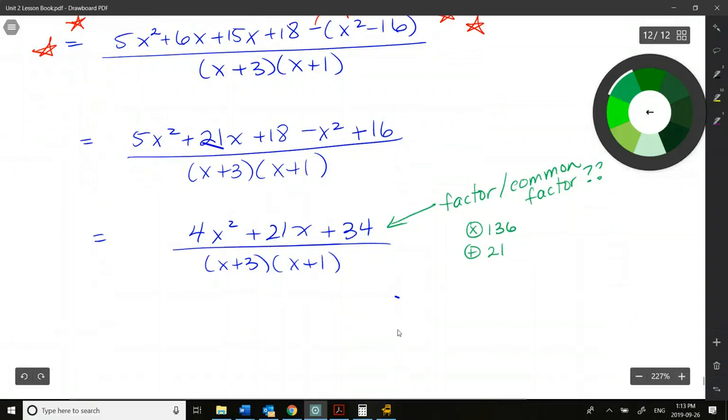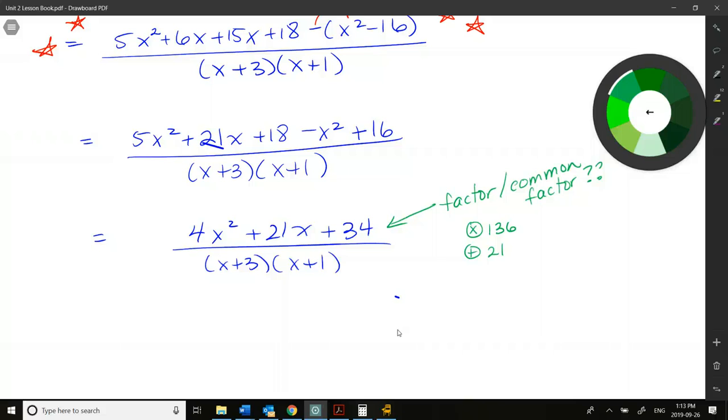Okay, so I would just check the combinations of things that add to 21 and see if they multiply to 136, because I feel like 136 is going to have quite a few factors. 10 and 11 are probably the two closest things that add to 21. And if I do 10 times 11, I'm not getting close to 136. I'm just getting 110.